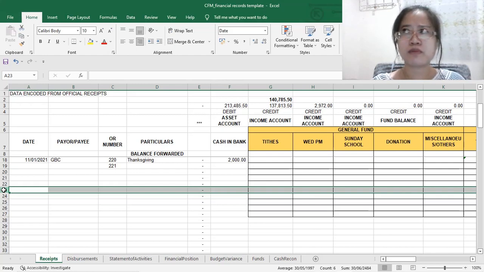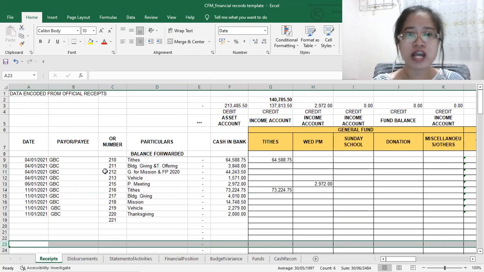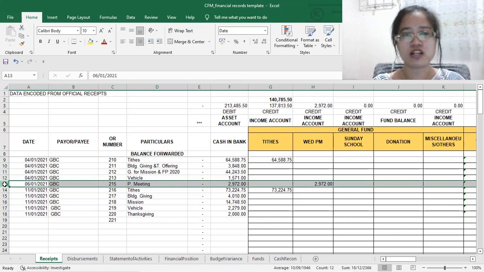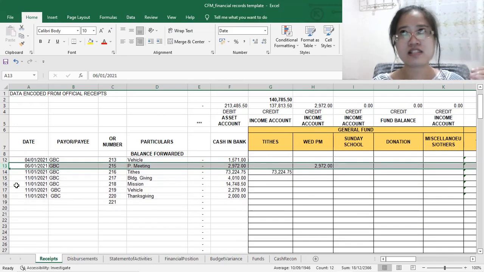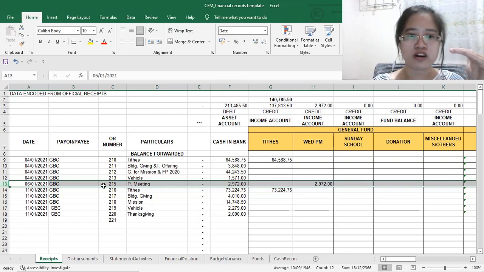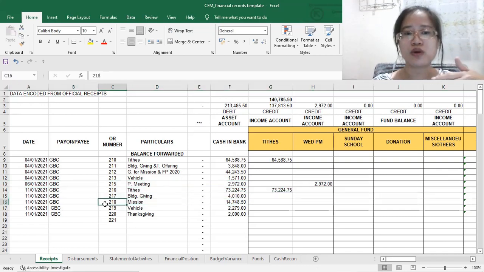Let's say the sample is 5% of all the records, or, I'm not sure, I think there is a specific computation for that. But essentially for big companies, they would not check every single one of the records. They would do sampling just to make sure that all the ORs that they checked are properly recorded.